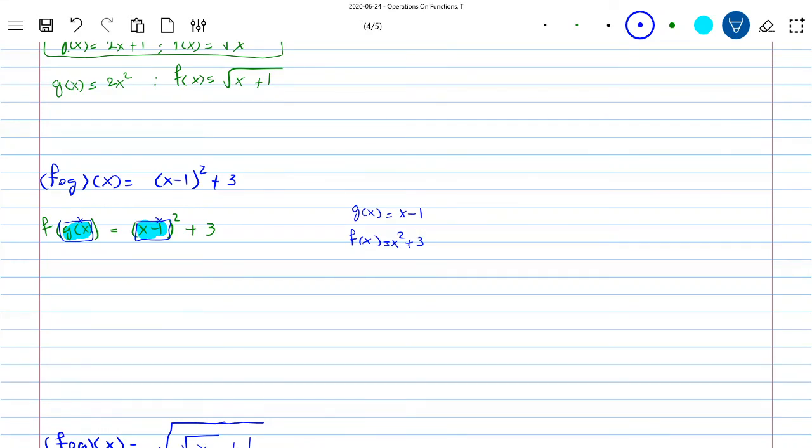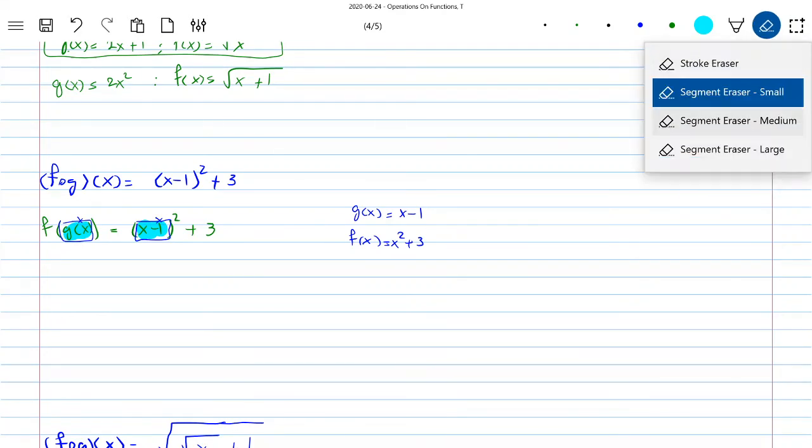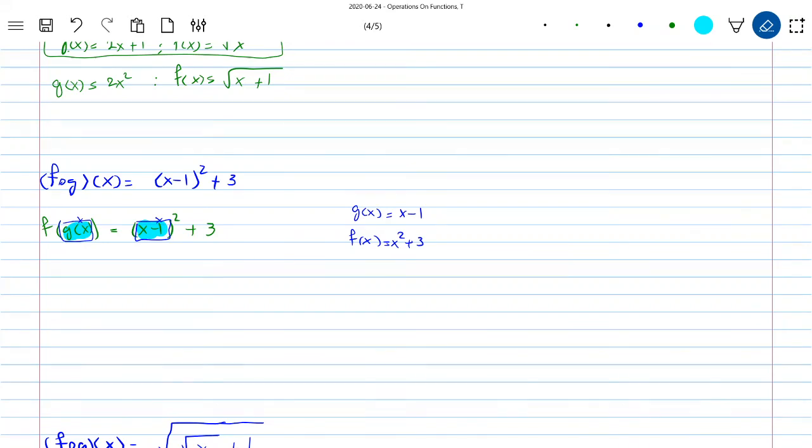This is an option. What if I don't want that? This all depends on the choice that you want to pick. Sorry about that. Let me rewrite this. f of g of x is given as x minus 1 squared plus 3. But now, what if I want g of x to be the whole thing, x minus 1 squared?